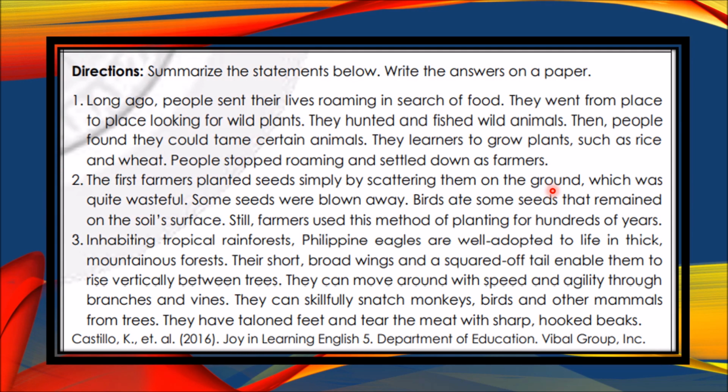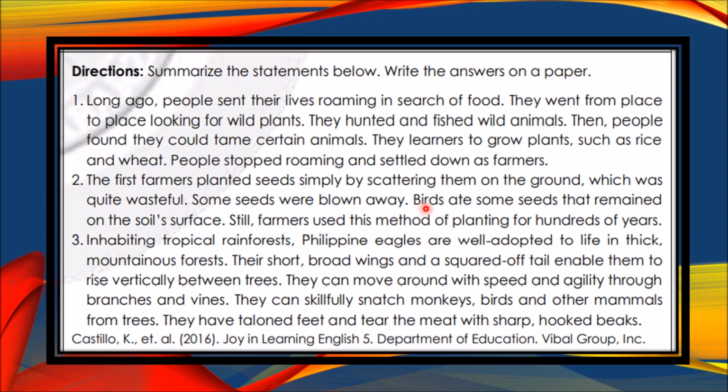How to plant? How the first farmers planted seeds. This is the main idea: the first farmers planted seeds simply by scattering on the ground, and then the supporting details there.